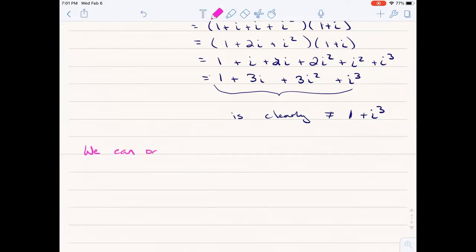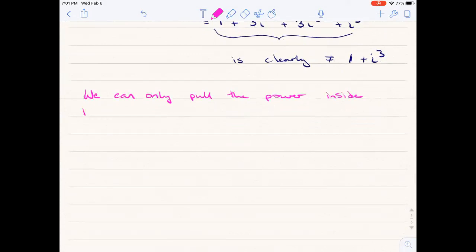We can only pull the power inside the brackets if we are multiplying or dividing inside, not adding or subtracting.